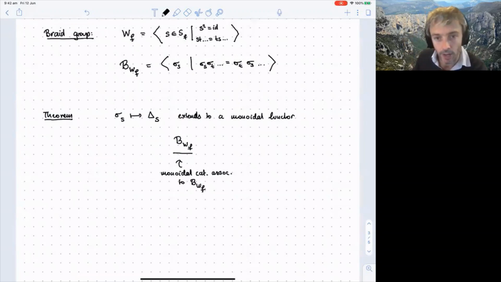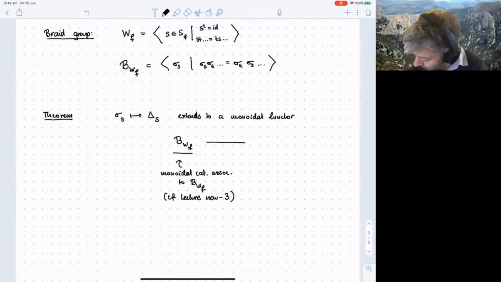And if that was too fast, then look at the earlier lecture. So we have a monoidal functor from this very simple braid group monoidal category to the Hecke category.